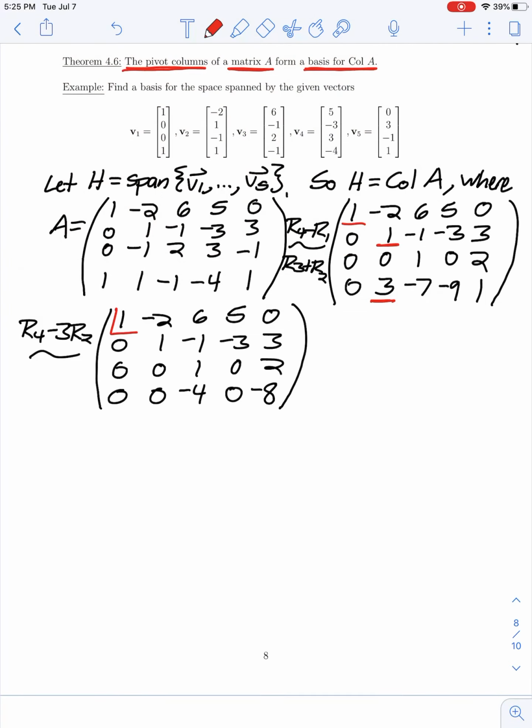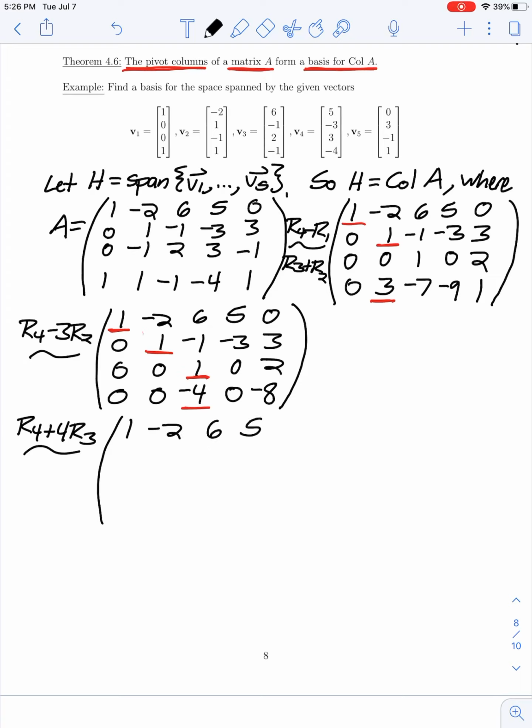So we then have the matrix almost in row echelon form. There's one more step that we need to perform. Using the leading 1 in my third row, I can kill off the negative 4 that appears in that last row by taking row 4 and adding 4 times row 3.